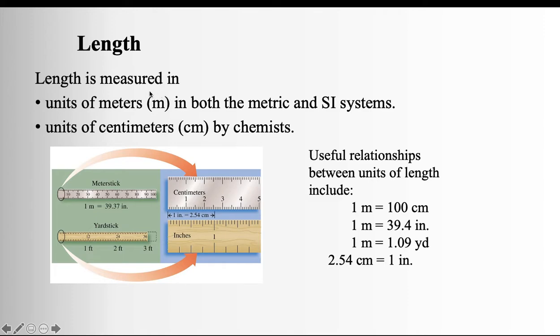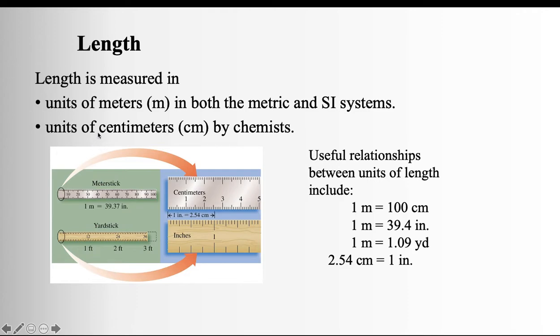And so this is not very feasible for chemists in a laboratory. We use smaller units, such as centimeters, millimeters, and now we're moving to even smaller, micrometers or nanometers, especially for those working in nanotechnology. They deal with nanometers, meaning 1 × 10 to the minus 9th meter.